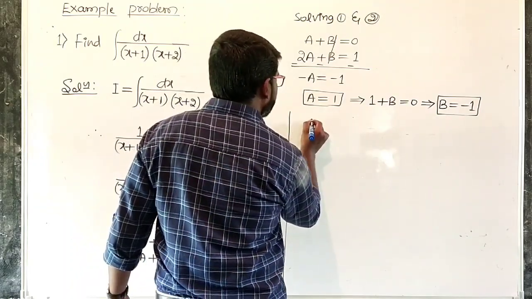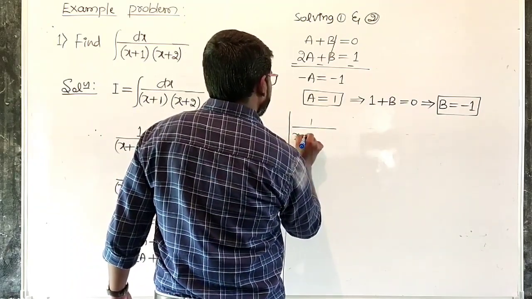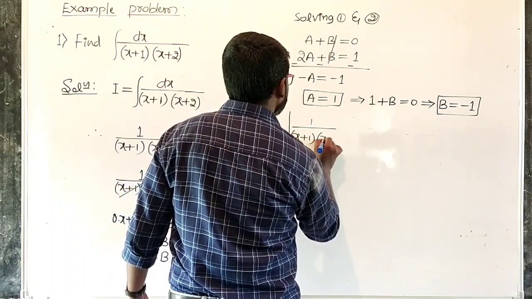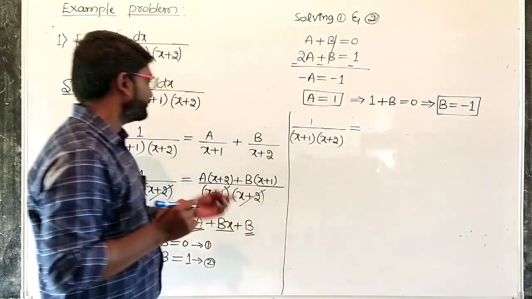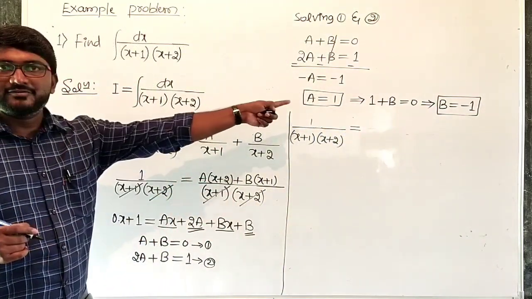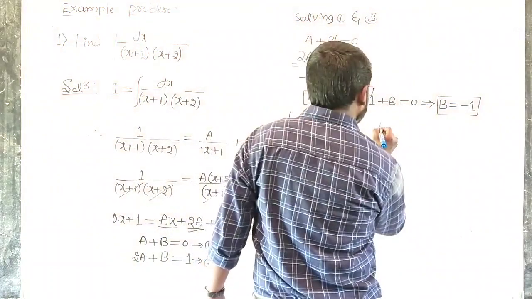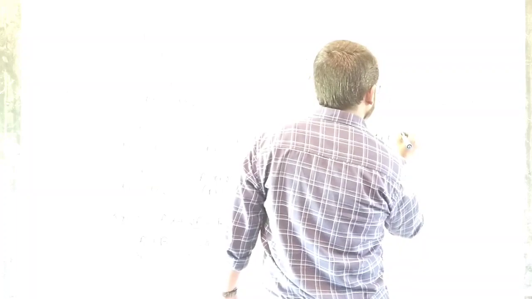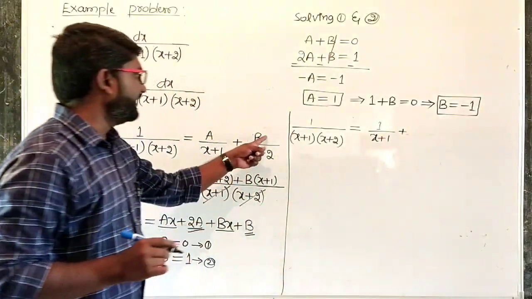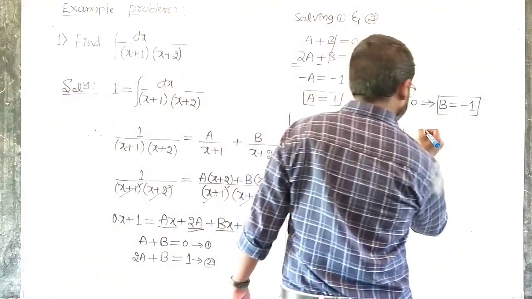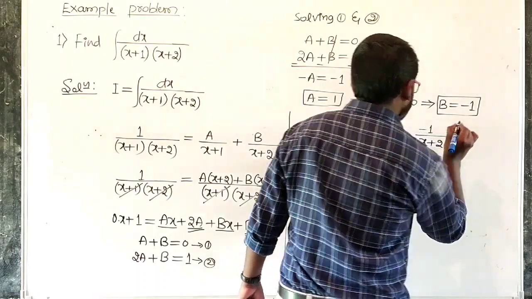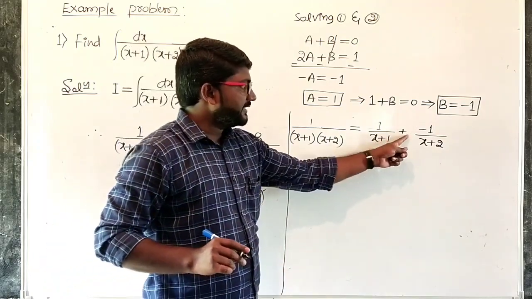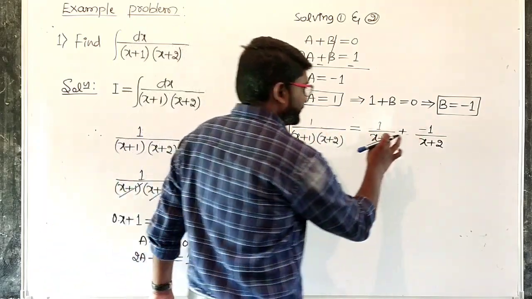Now we will have to substitute the values of a and b in this particular equation. So 1 divided by (x plus 1) into (x plus 2) is equal to, what is the value of a? It is 1. We get 1 divided by (x plus 1), then plus, what is the value of b? It is minus 1. Minus 1 divided by (x plus 2). Here plus into minus is minus, so I can write it directly.